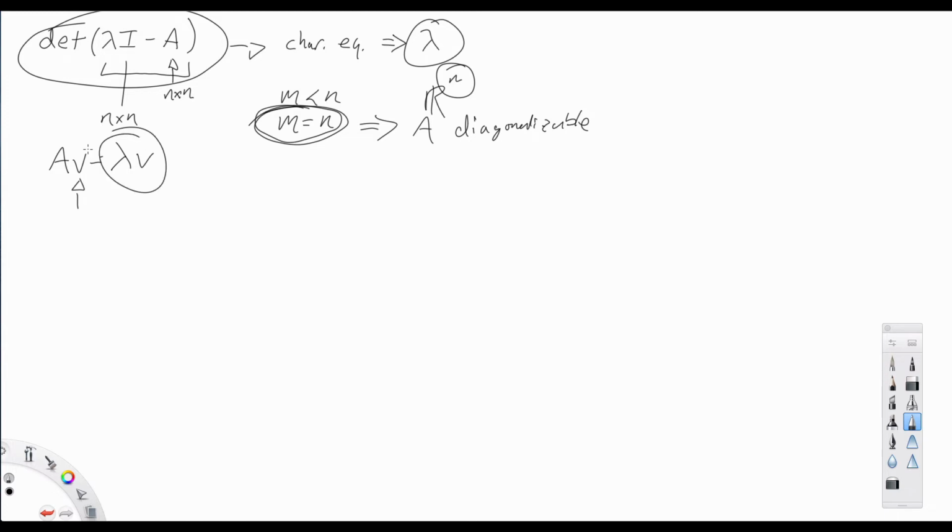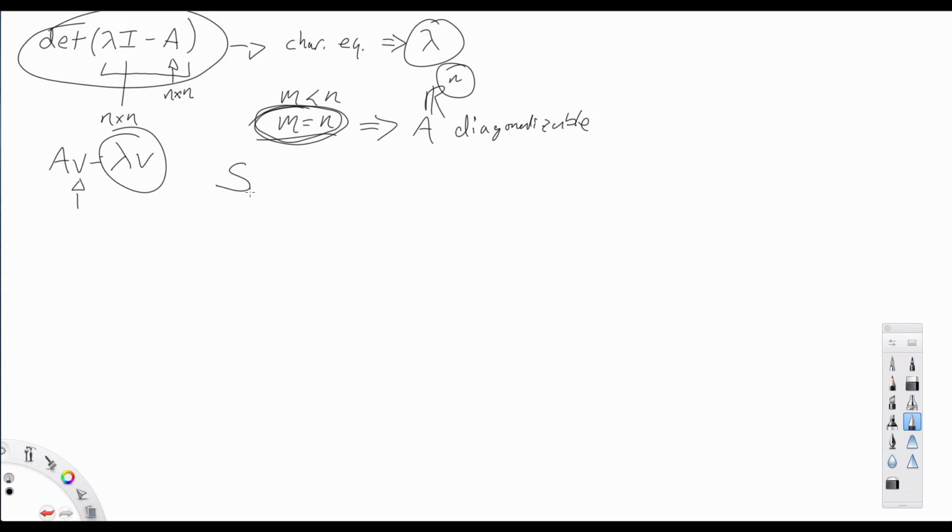It only scales it. So if we have a matrix A, and if we have an associated set of eigenvectors, and if m equals n, and we have n distinct or n linearly independent eigenvectors, we can take all of those and define a special matrix.